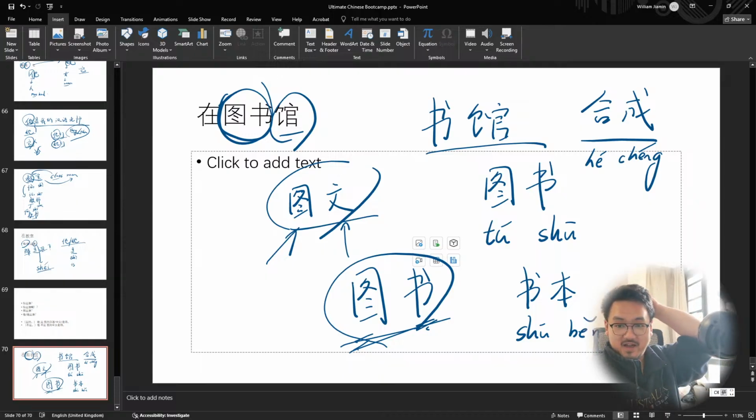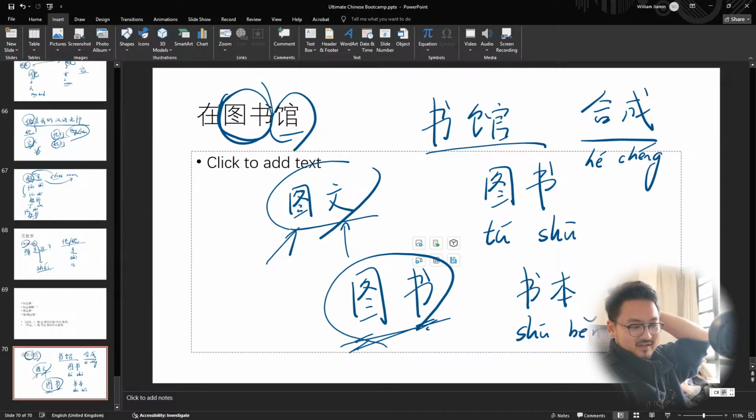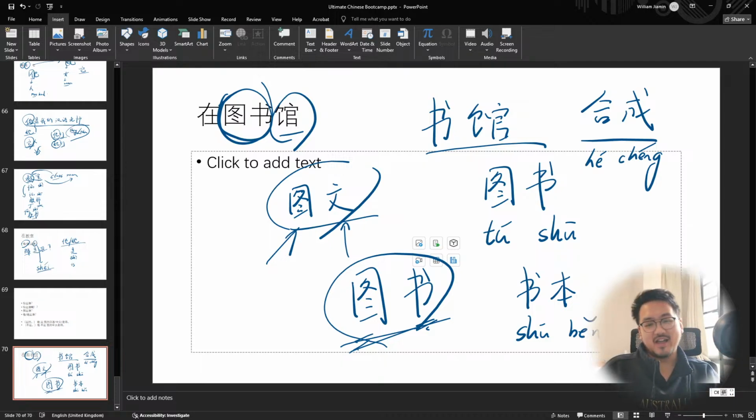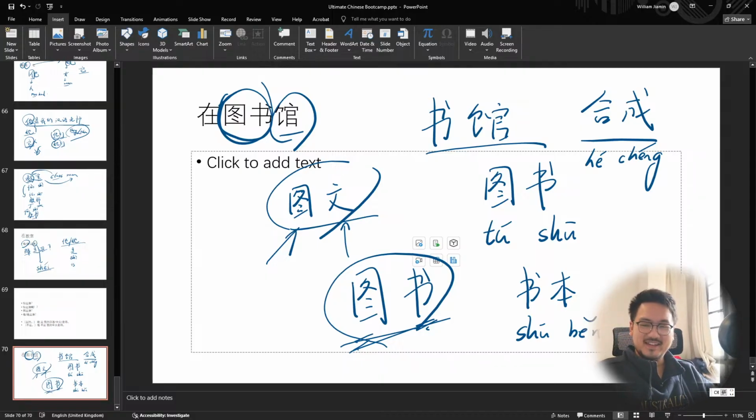Yeah. So by the way, I nearly became a librarian, right? Because I really love to read books, and I had a very big ambition, right? So I think the dream job is just go to the library and read books.